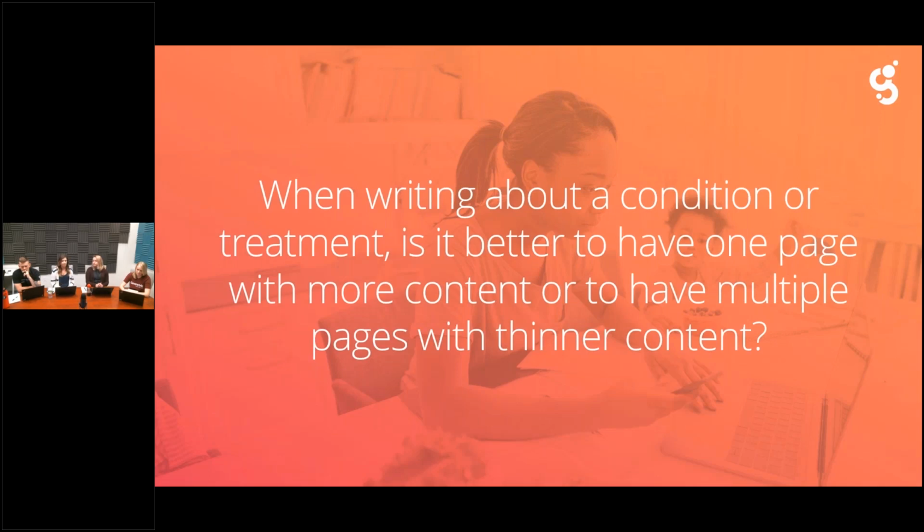There's going to be more robust information on cancer that you'd probably want to break out into more pages. So that's where keyword research can come in to see what users are searching for most. Our content strategists look at your organizational goals and user behavior to connect that related content across the site.